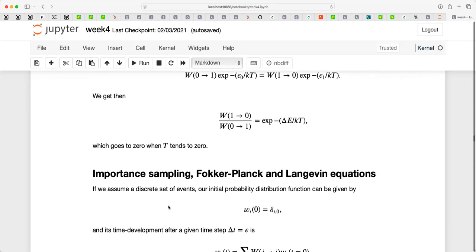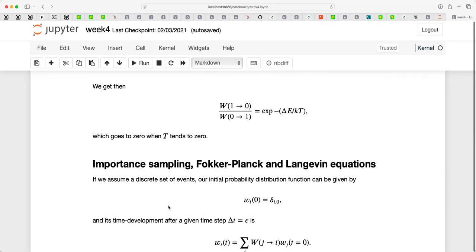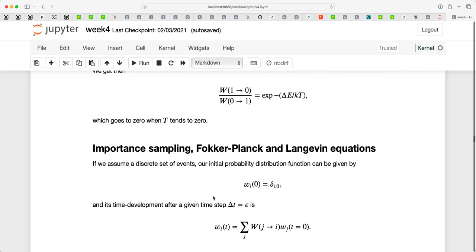And when you're dealing with a Fokker-Planck equation, one way to look at this, and we are going back to the whiteboard pretty soon, is an example where you assume that your initial distribution for being in a state i is just given by a Kronecker delta. If this is a continuous object, it could be a delta function.